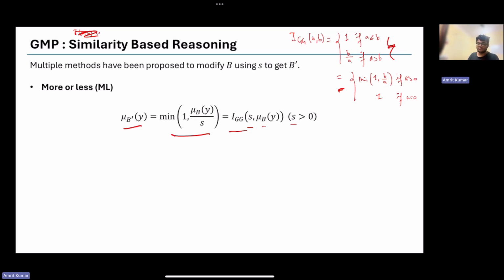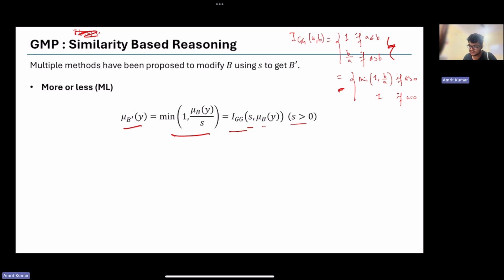right? Because if you have a fuzzy if-then rule, then you're going to use it in a case when your input fuzzy set A dash is actually similar to A. If your fuzzy if-then rule says that if tomato is red, then it is ripe, then you won't apply it for apples, right? Therefore, I'm assuming that S is greater than 0.